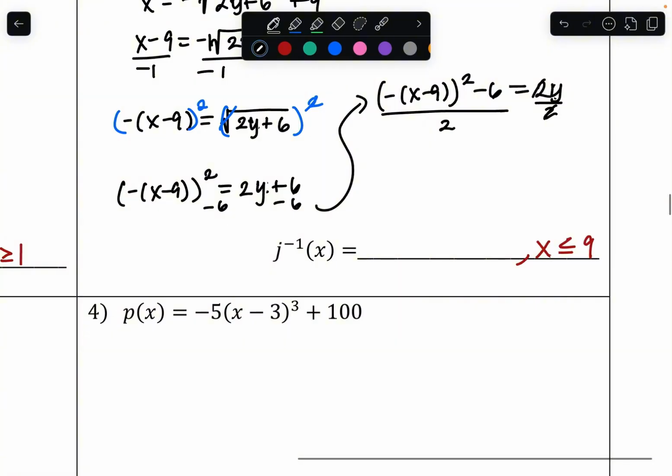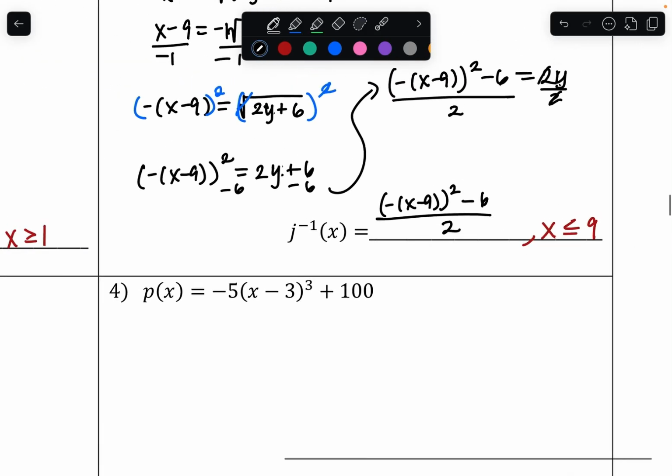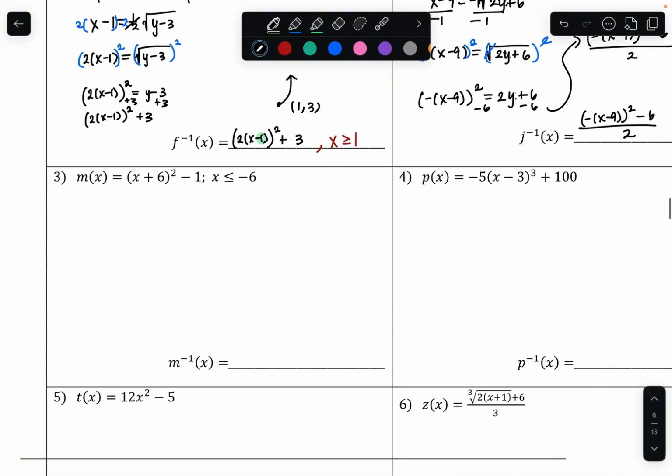Okay, and so our final answer has negative (x minus 9) squared minus 6, all over 2. There's ways you can simplify this, but I'm going to leave it like that.